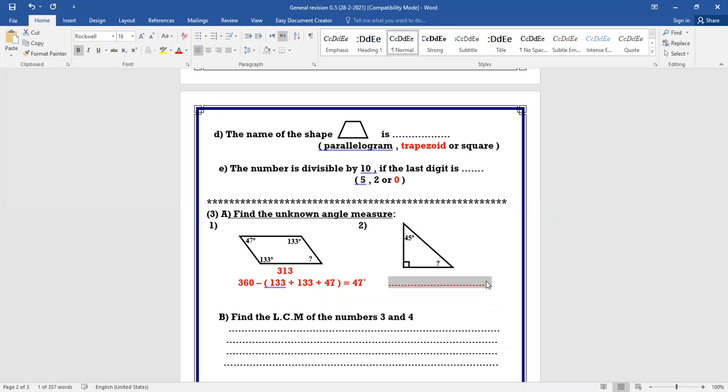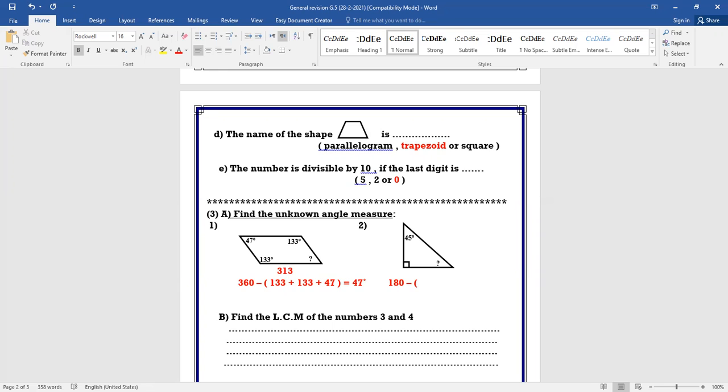Malak, can you hear me? I don't know. Okay, what is the sum of the measures of the angles in the triangle? 180. Okay, for that, to find the unknown angle measure we subtract: 180 minus the sum of the given angles.